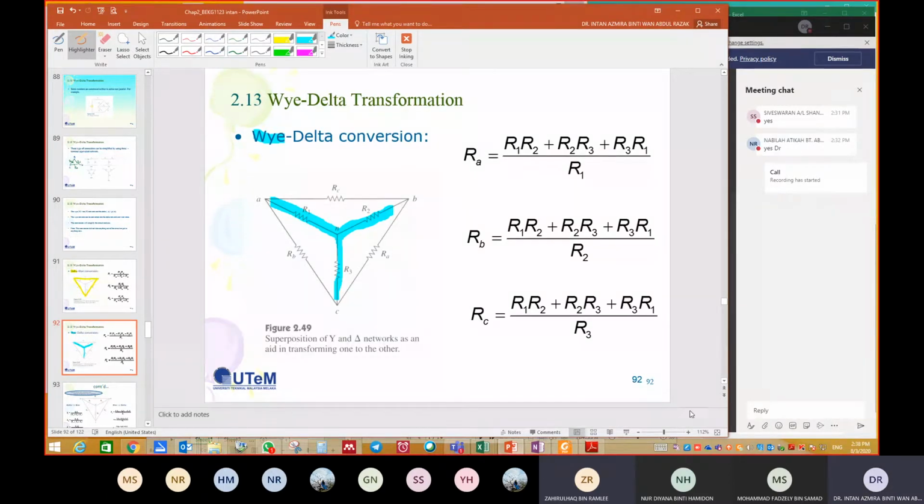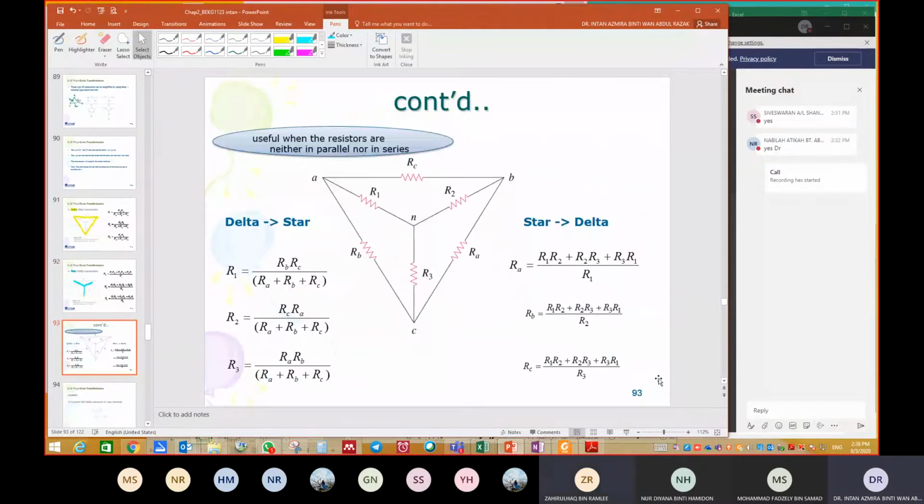Okay, so let's continue. This is the formula, delta to star, star to delta. Again, do not memorize. RB must be here, RA must be here, this is RC. This must be R1. No, you can put R1 here, R2 here, R3 here, up to you.